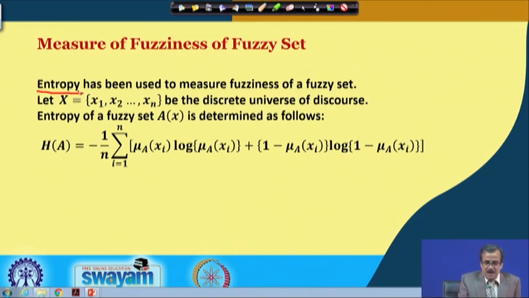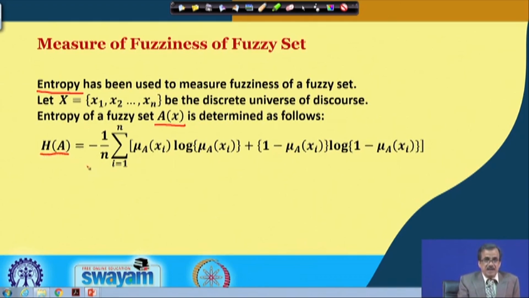Now, supposing that I have got a discrete fuzzy set, say A(x), and I know element-wise its membership function values, how to find out the entropy of this particular fuzzy set, which is denoted by capital H(A).